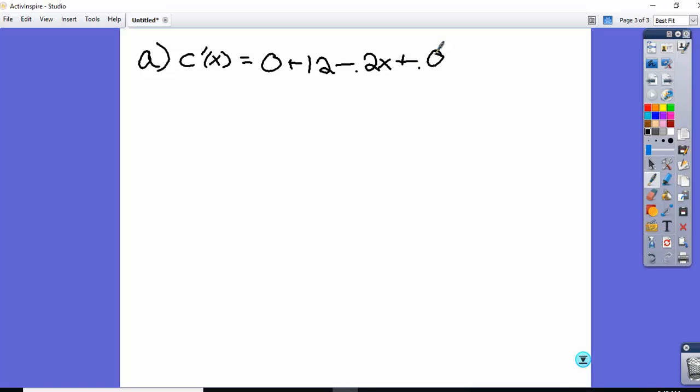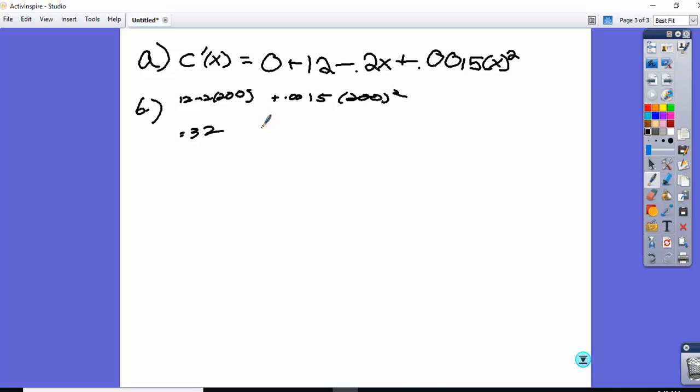Marginal cost just means derivative. On B, you just plug that 200 into the derivative. Which equals 32.